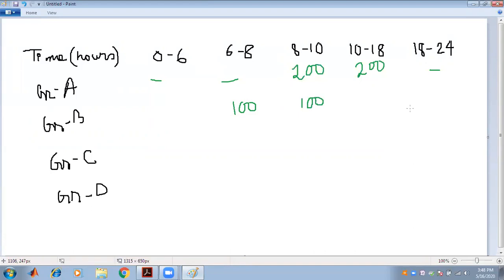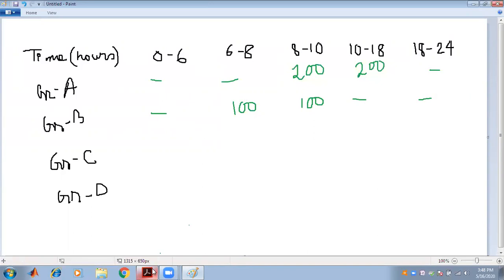Outside 6 a.m. to 10 a.m., group B is not working.